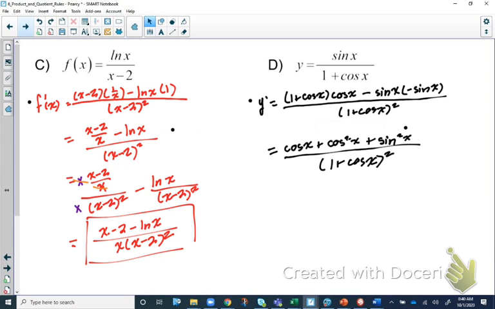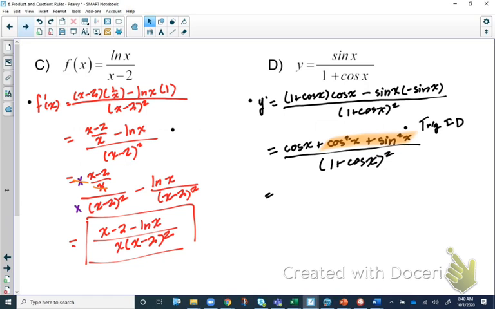Now, what we're hoping you're going to recognize at this point, even though it's not written in the form that we normally see it, is that this bit here is a trig identity. That bit right there is your basic trig identity where sine squared of x plus cosine squared of x simplifies to be a 1.